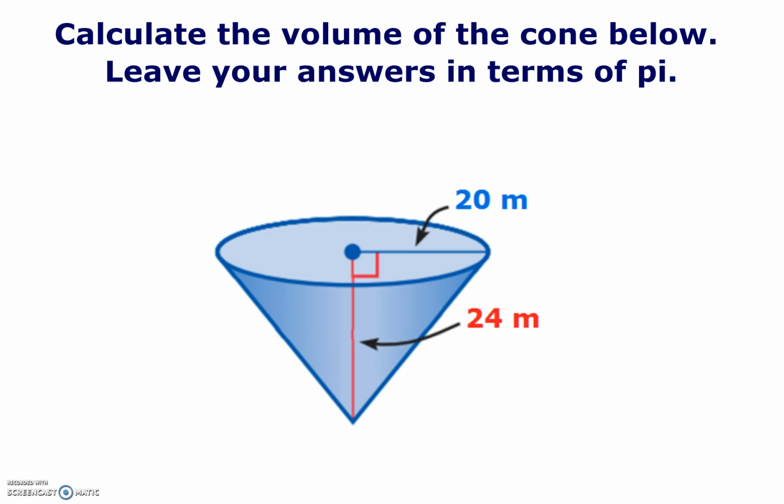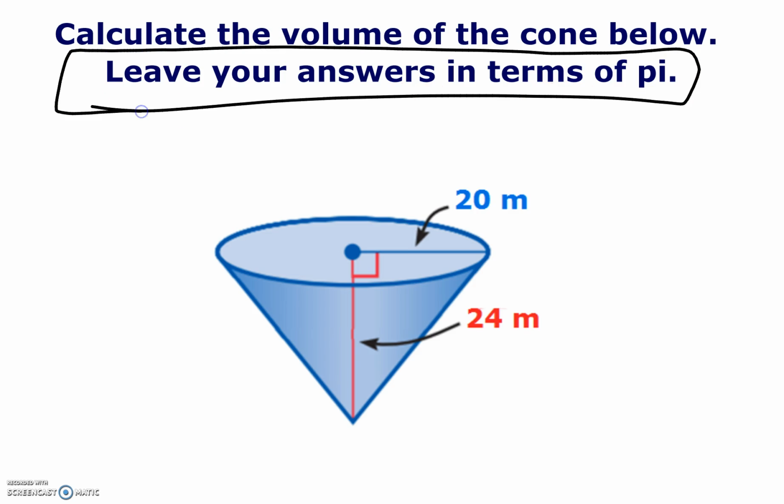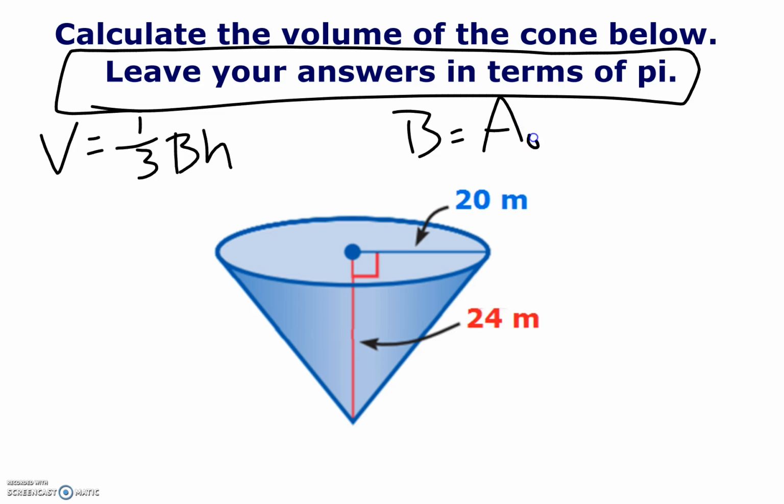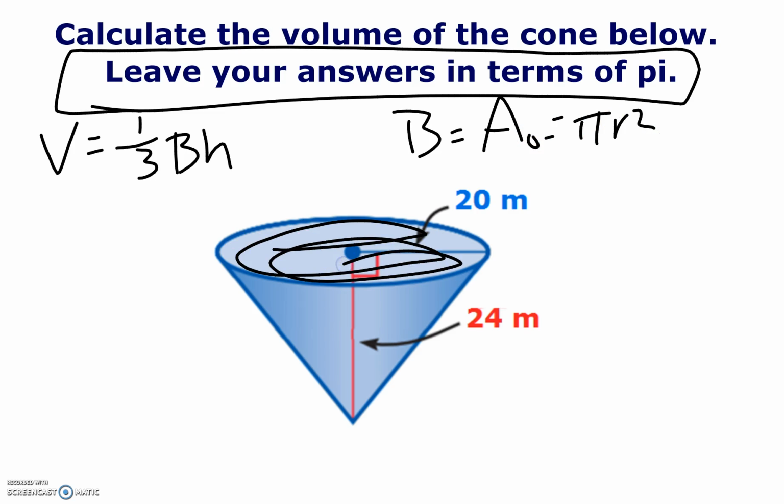Another example, calculate the volume of the cone below. Leave your answers in terms of pi. So here we go. Volume equals 1/3 area of the base times height. Your B equals area of a circle equals pi r squared, because this is your base and it's a circle.